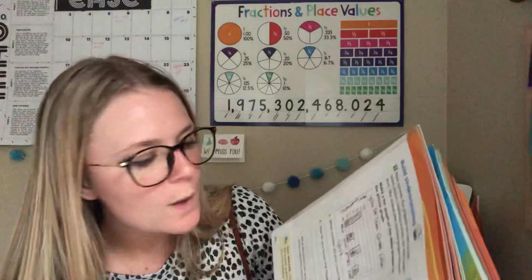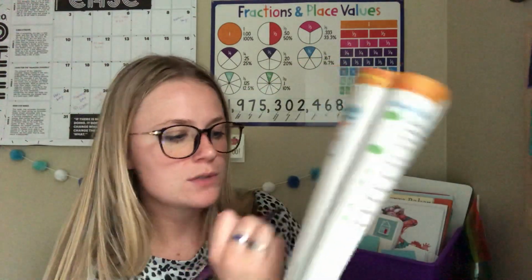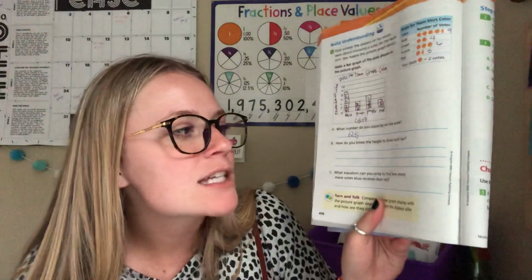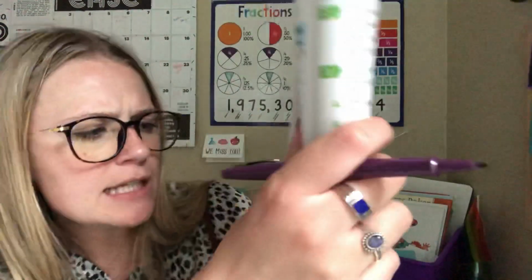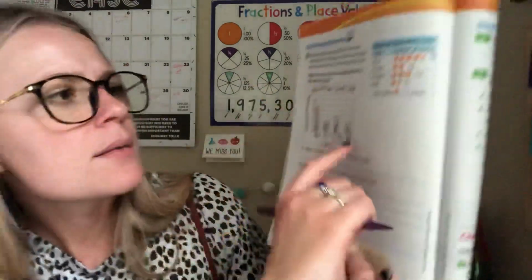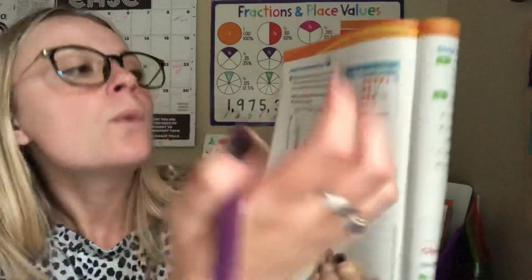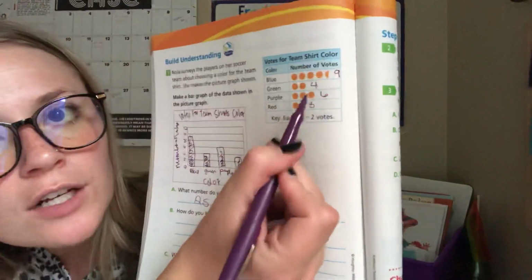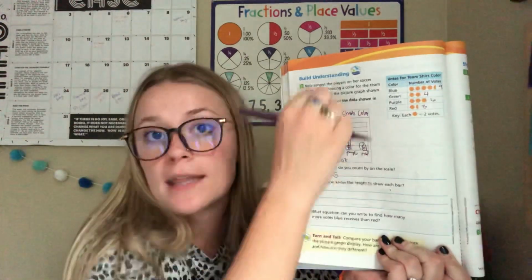So part A says, what number do you count by on the scale? We count it by 2s. How do you know the height to draw each bar? Well, we look at the number of votes over here on the side. We try to divide that number by 2 and then find it on the graph and go up to that point.